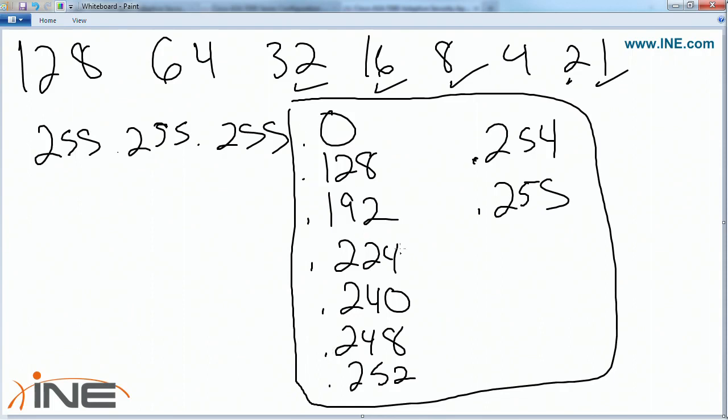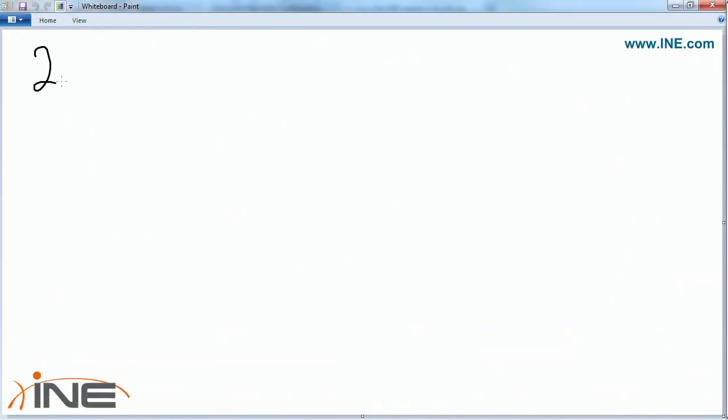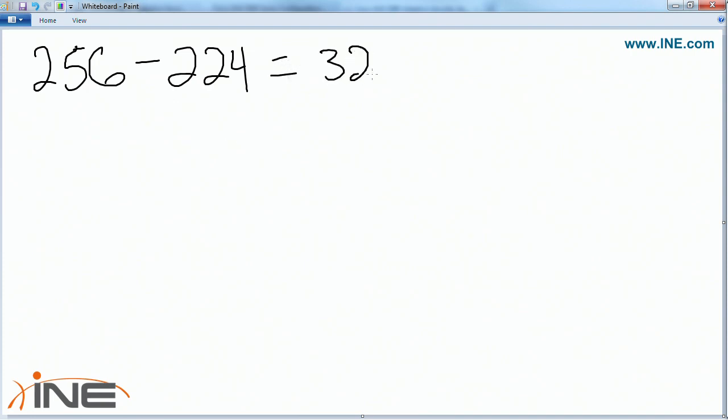Now, if you look at these values, let's say 224, for example. One of the shortcuts that you can use is that if you take 256, which is the total possible number, so 0 through 255 inclusive is 256 values, you take 256 minus the last number in the subnet mask, which gives 32.